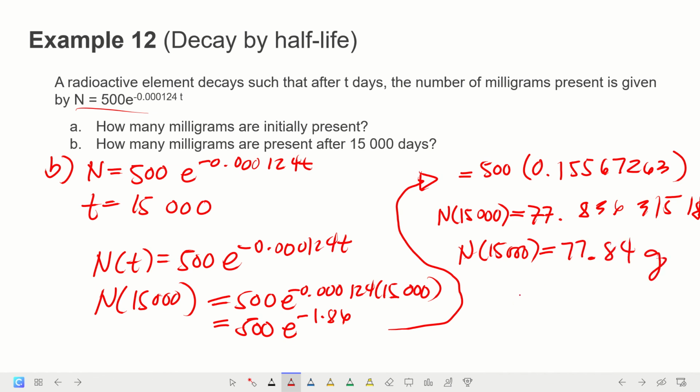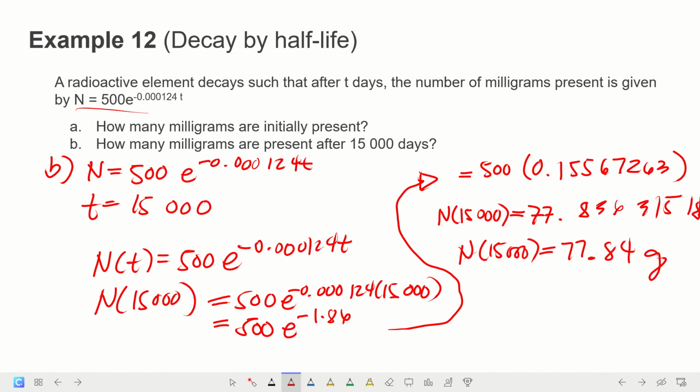Therefore, after 15,000 days, the amount of the substance left is approximately equal to 77.84 grams. Write your final answer in sentence form.